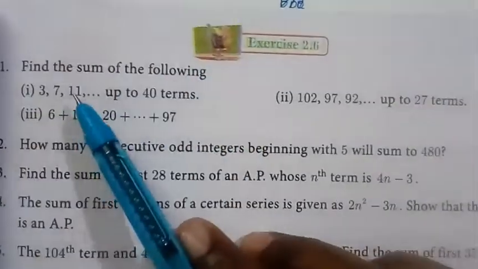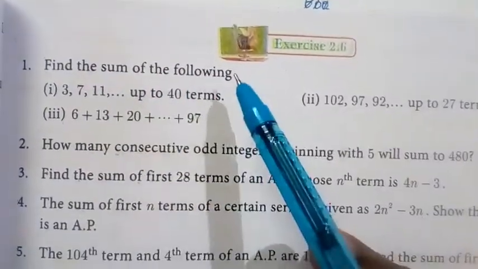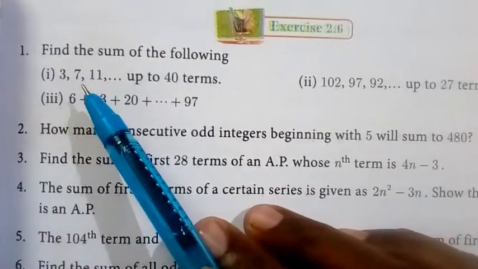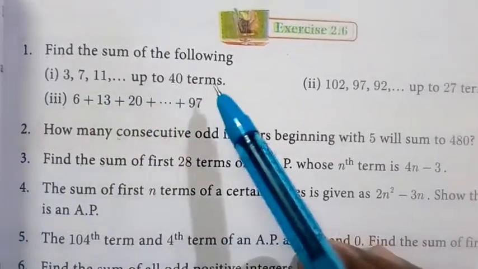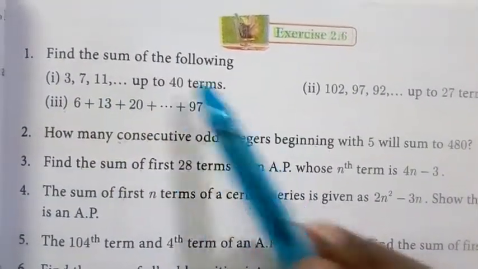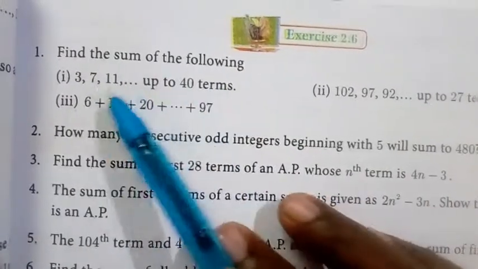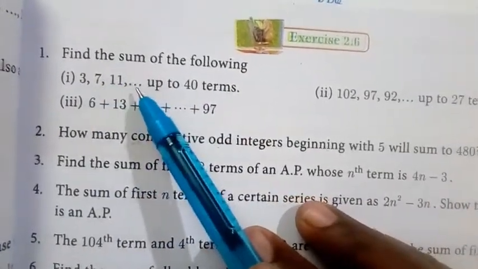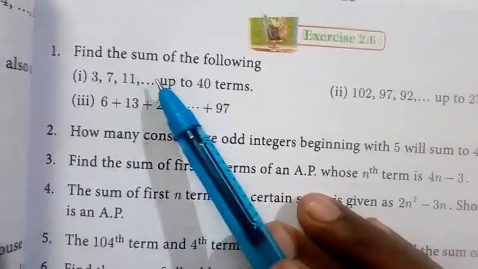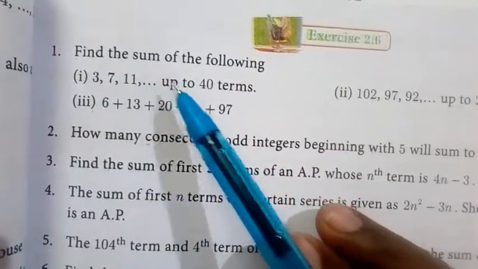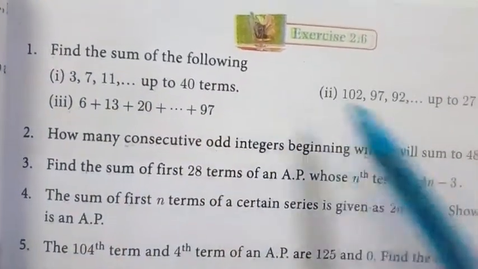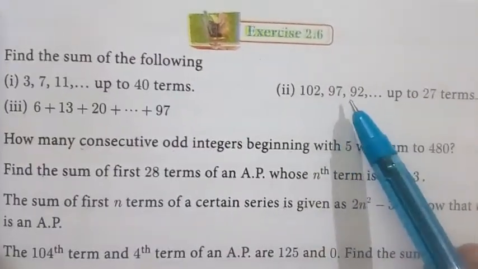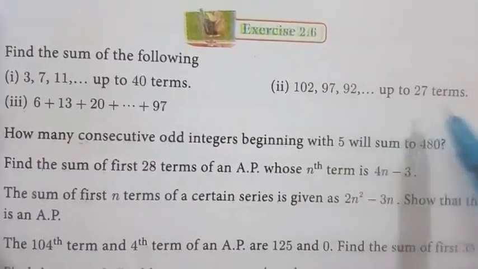Exercise 2.6, first problem: find the sum of the following. First problem, 3, 7, 11 up to 40 terms. 40 terms are there, the last term is not given. The second problem, 102, 97, 92 up to 27 terms.